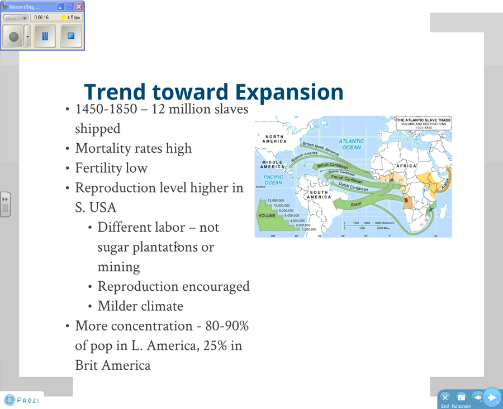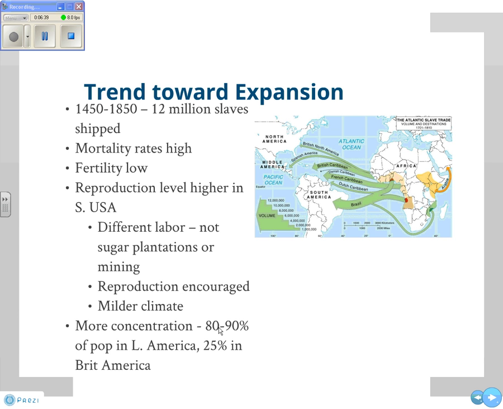Reproduction rates are higher in the southern USA. Here it's different labor. It's not sugar plantations or mining like it is down here in Spanish America or here in the Caribbean or Brazil. Reproduction's encouraged, and it's a milder climate, so the mortality rate is lower. The survival rate is higher.